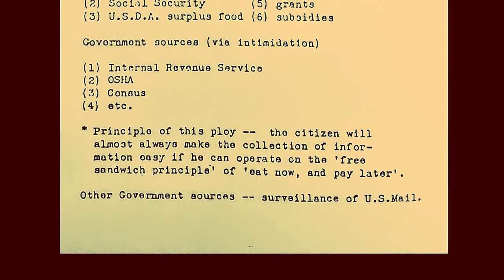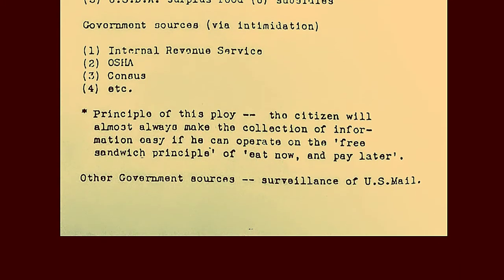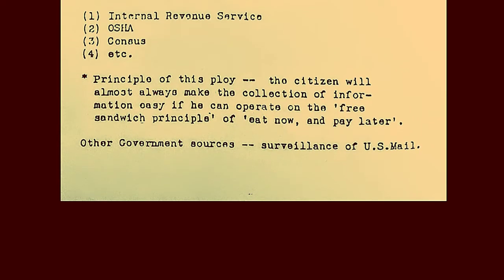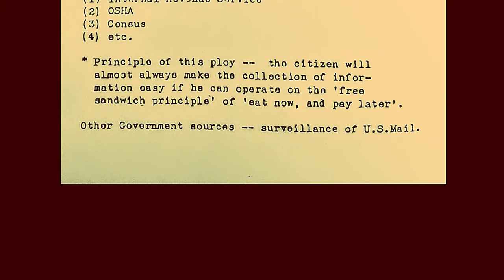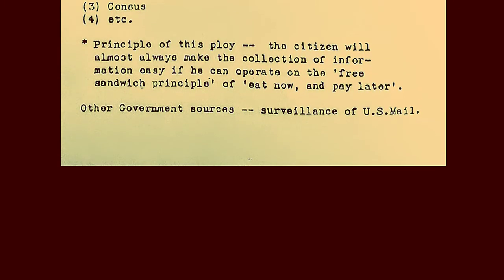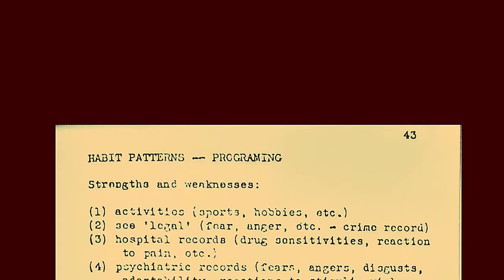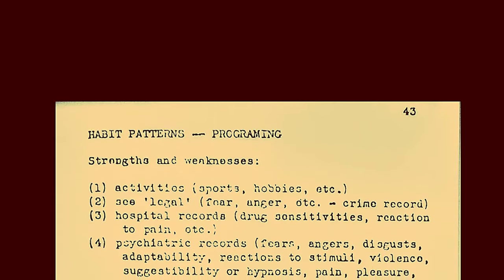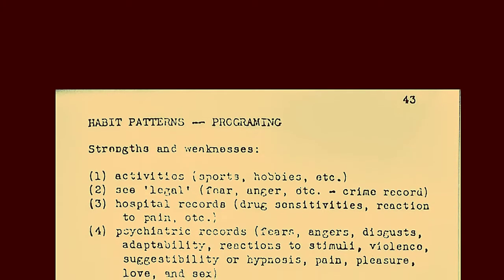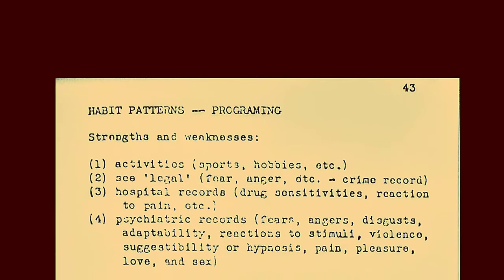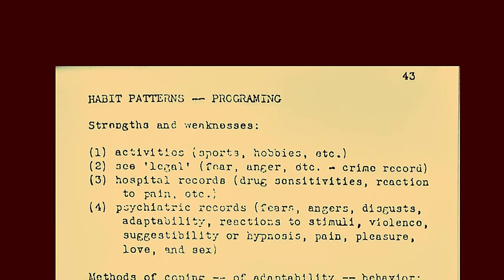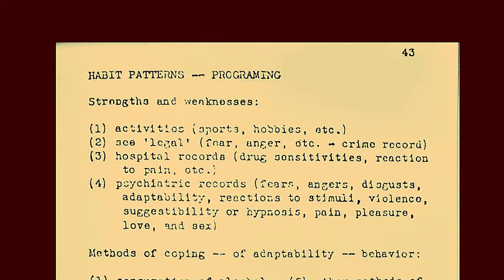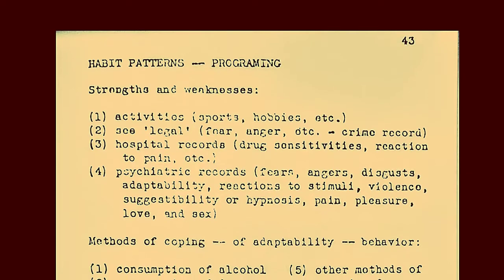Government sources via intimidation, Internal Revenue Service, OSHA, Census, etc. Other government sources, surveillance of U.S. mail, habit patterns, programming, strengths and weaknesses, activities, sports, hobbies, etc. See legal for fear, anger, etc. Crime record, hospital records, drug sensitivities, reaction to pain, etc.